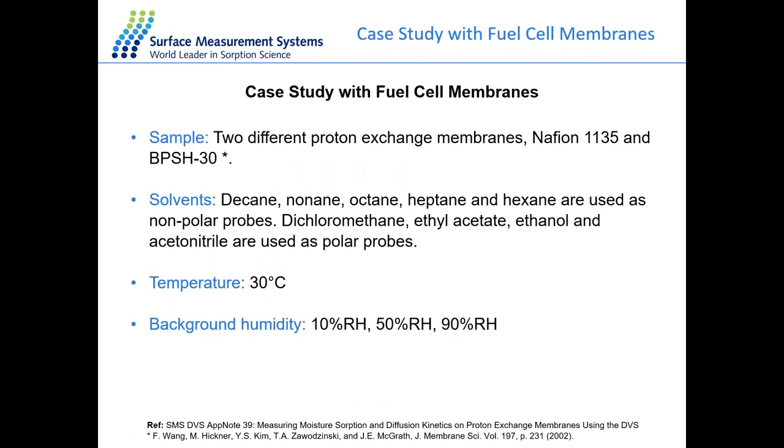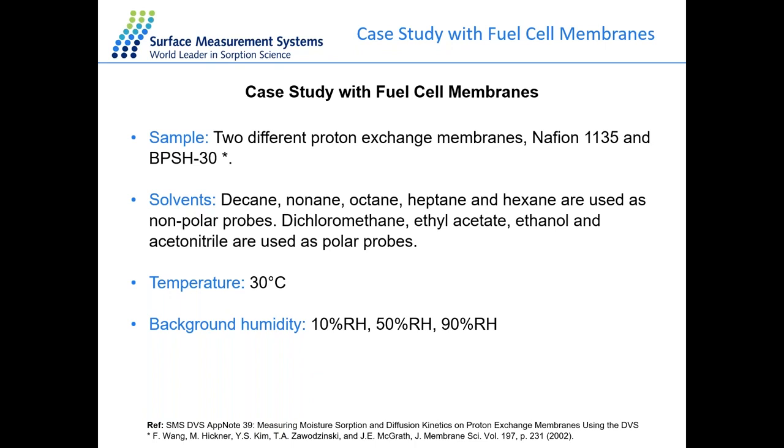And here I also have a case study about fuel cell membranes. This time we have two different PEM samples, the Nafion 1135 sample and the BPSH30 sample. We would like to study the background humidity effect on the surface energies of these samples. So we use a series of non-polar probes to determine the dispersive surface energy, including hexane, heptane, octane, nonane, and decane.